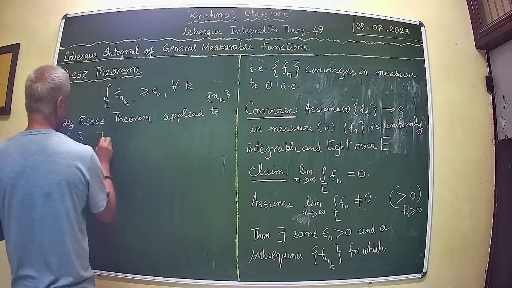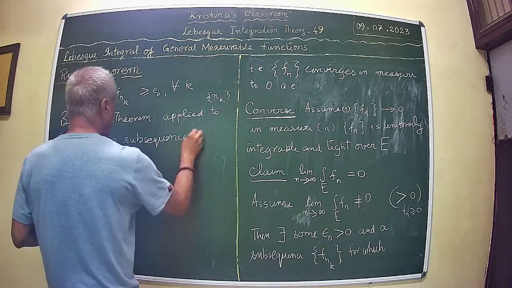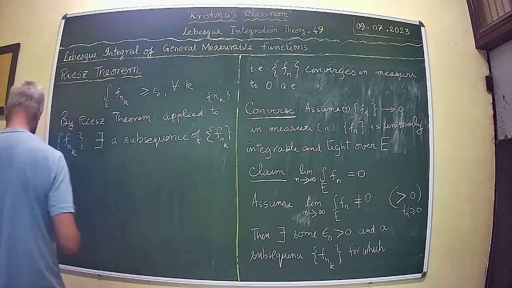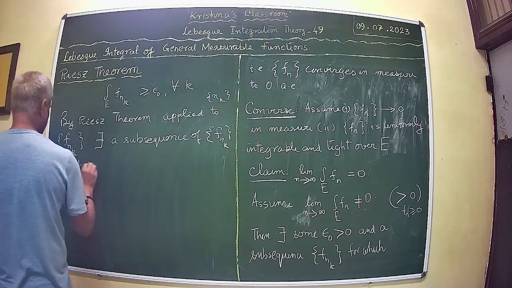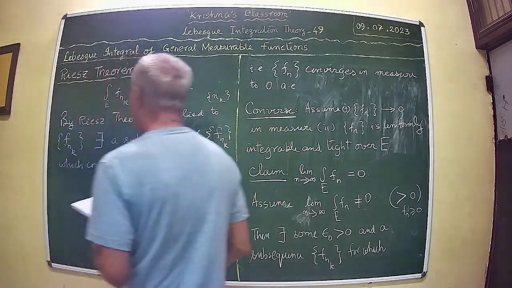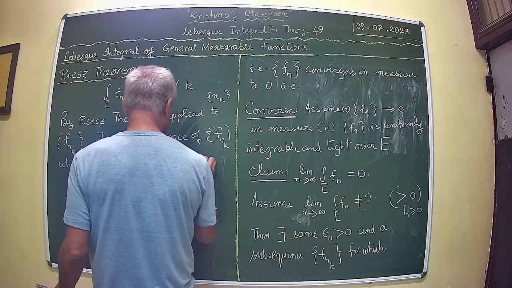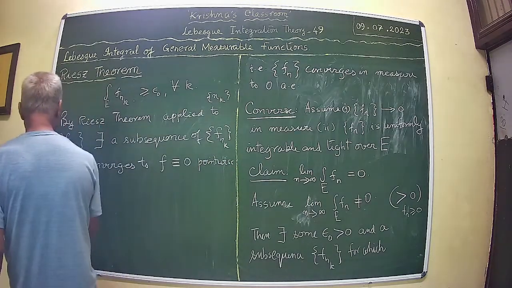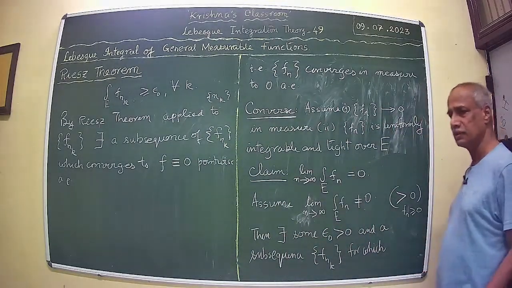There exists a subsequence of Fnk which converges to f identically equal to 0 pointwise almost everywhere, because Fn converges in measure, therefore the subsequence also converges in measure.